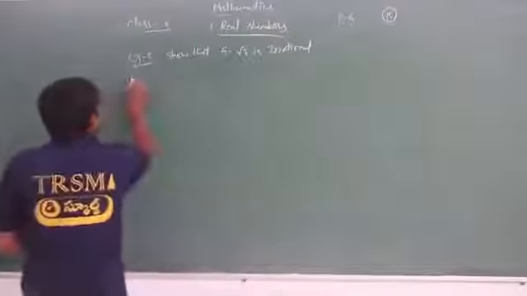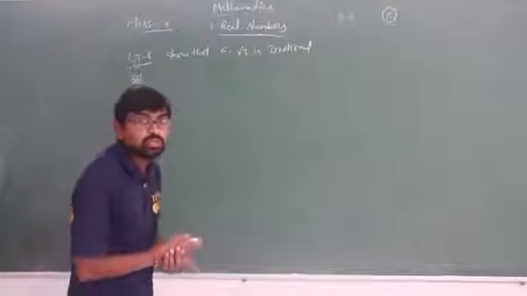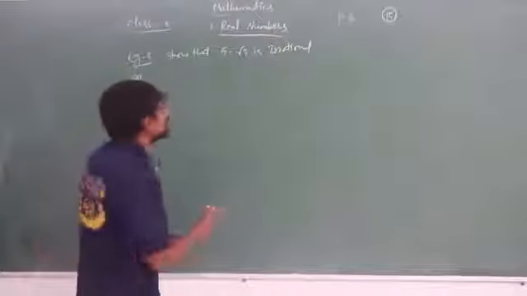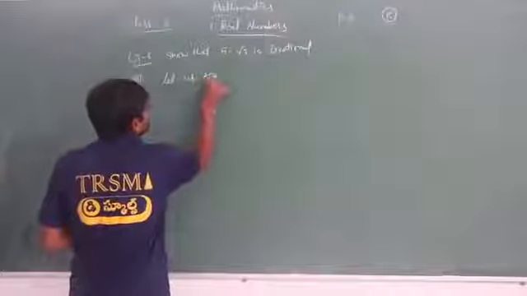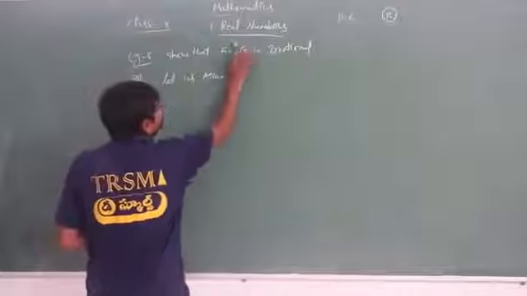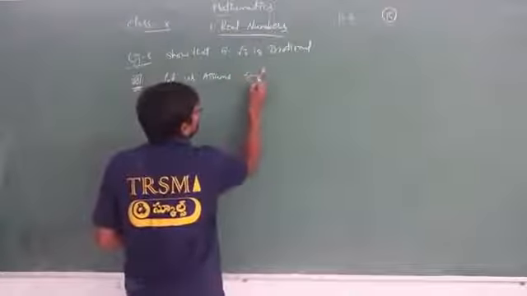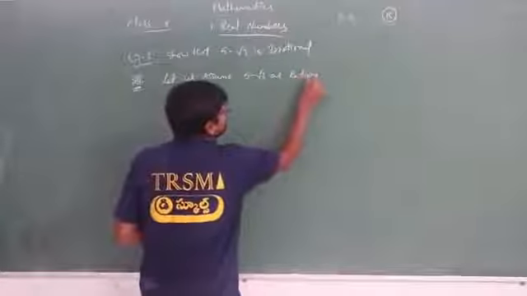For such types of problems, instead of doing the negative, first we will think of it as positive. So let us assume 5 minus root 3 as rational.